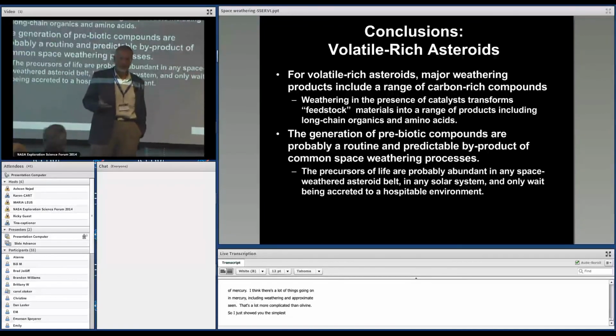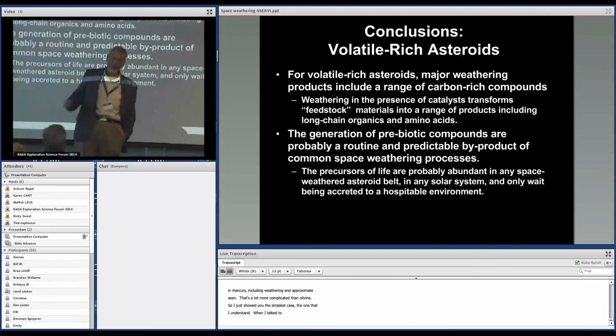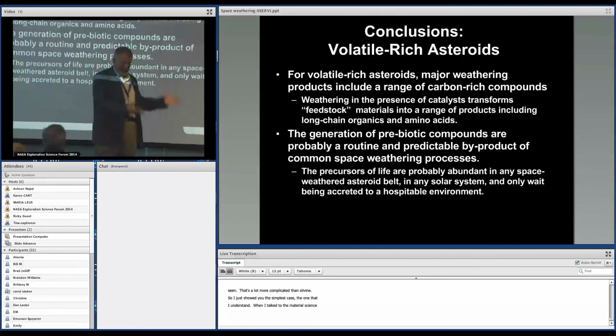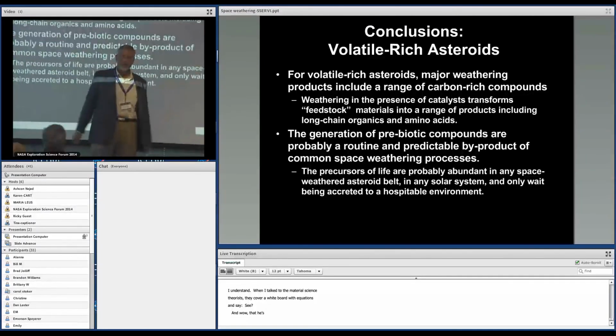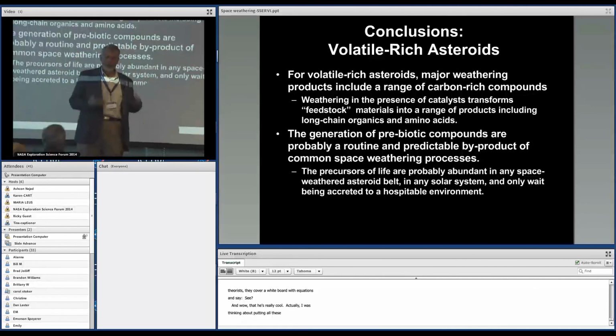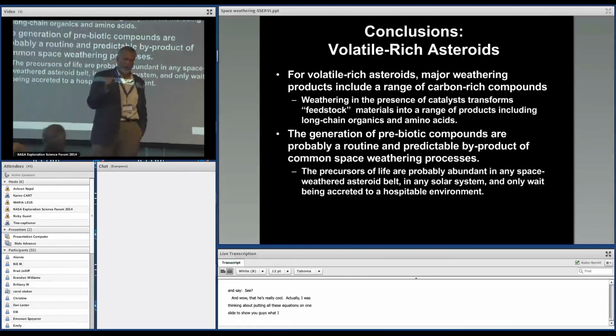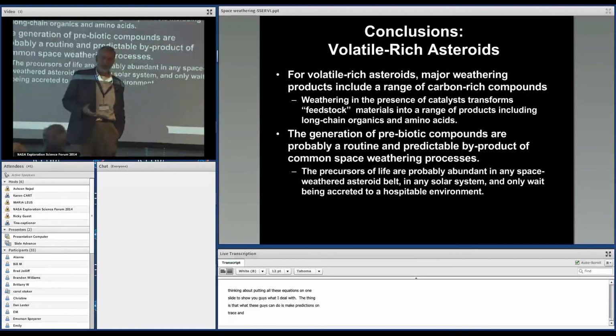When I talk to the material science theorists, what they do is they cover a whiteboard with equations and say, see, and wow, that's really cool. Actually, I was thinking about putting all these equations on one slide just to show you guys what I deal with. But the thing is that what these guys can do is make predictions on trace and minor constituents that you should see along with the nanophase iron.